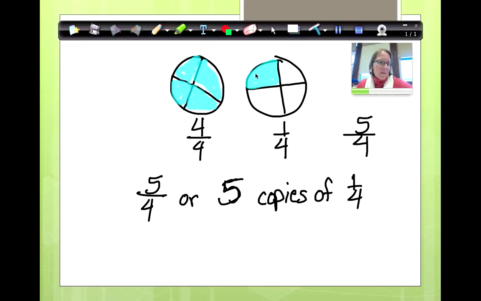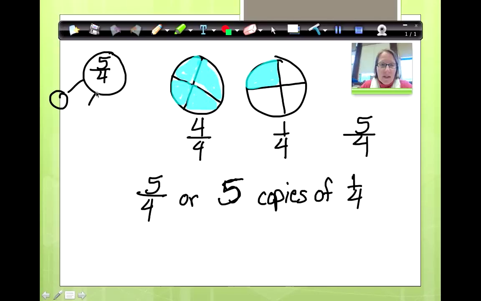Now, turning my page here. If I were to make a number bond over here, my total is 5 fourths, because that's how much I ate. Now, that means it's 5 copies of 1/4, right?